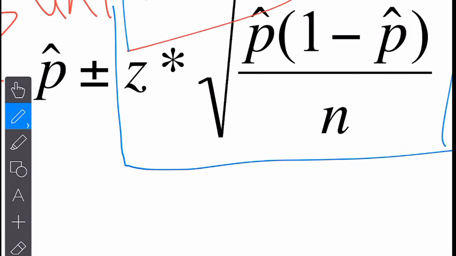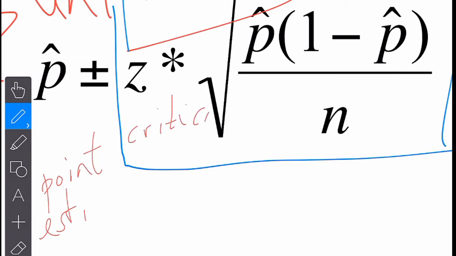So this is the point estimate, just a single value estimate. I'm referring to the p-hat. Z star is the critical value, so that's 2 or 3 or 2.3 standard deviations from the mean.